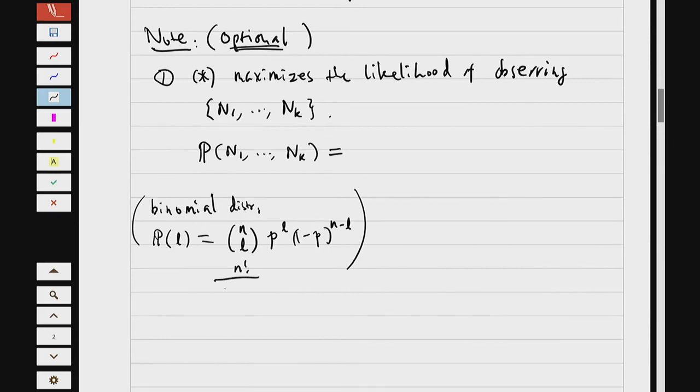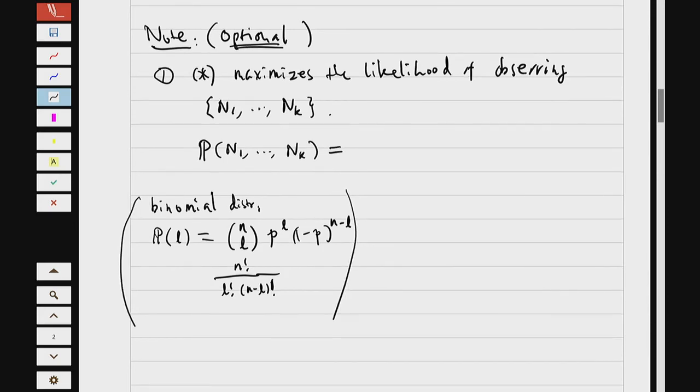N factorial over L factorial times n minus L factorial, because now you're dividing these n points into two parts, heads and tails. Altogether, there are this many ways to divide into two bins, L and n minus L. This should be reviewed in ECE 302 classes, because it's a basic probability law.